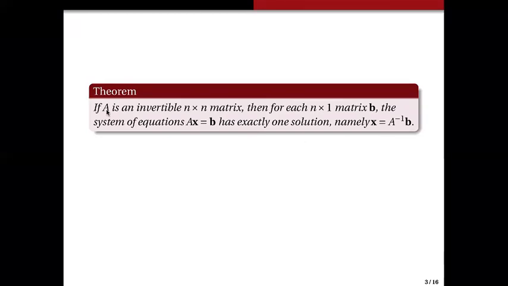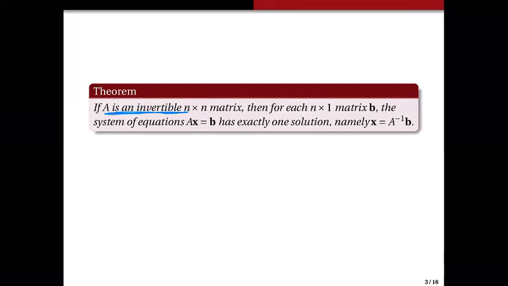So again, if A is an invertible matrix, take note of that, then the solution will be A inverse B. And since we are talking about an invertible matrix, the matrix is a square matrix.